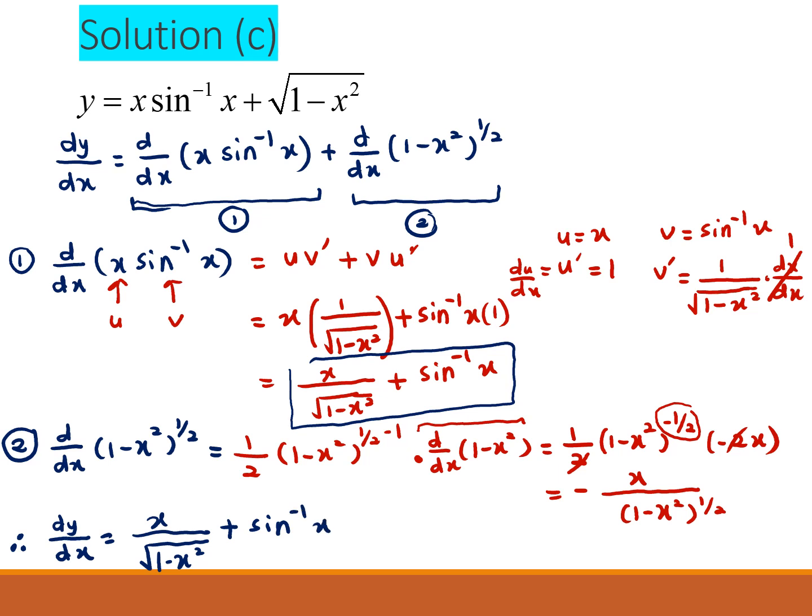Then the derivative of the second term will be minus x over the square root of 1 minus x squared. So x over the square root of 1 minus x squared minus x over the square root of 1 minus x squared will be 0. So the final answer is inverse sine of x.